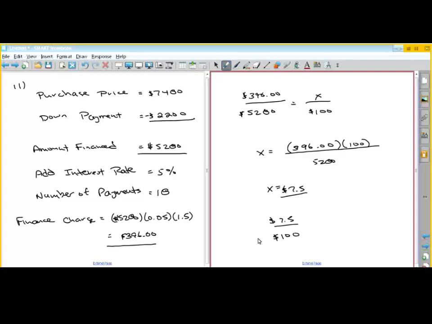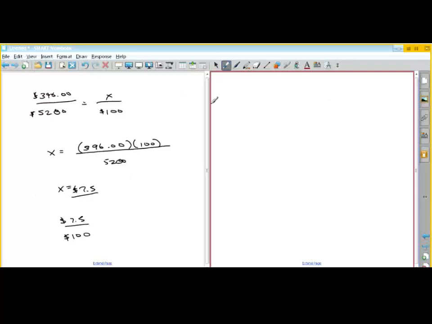So we go to the table. We go to the third row, which is the 18 table. We look for 7.5. Don't see it exactly. So what we see is that at 9%, the corresponding dot is $7.28 per $100.